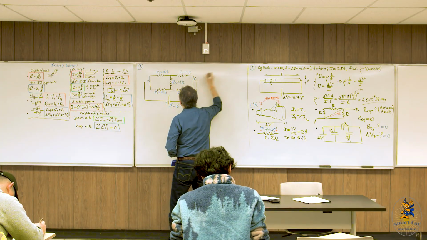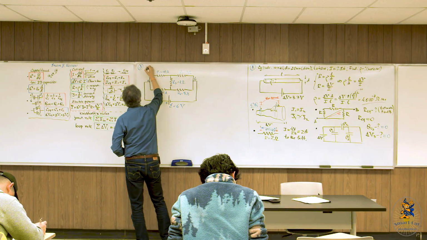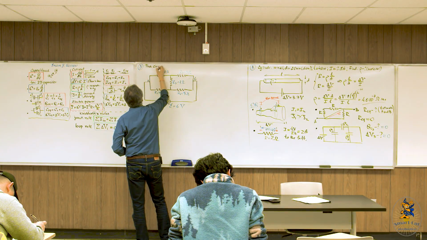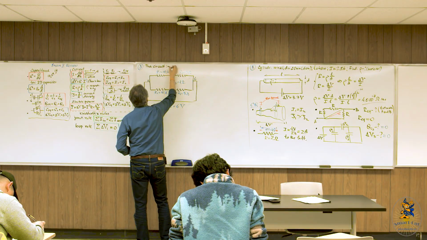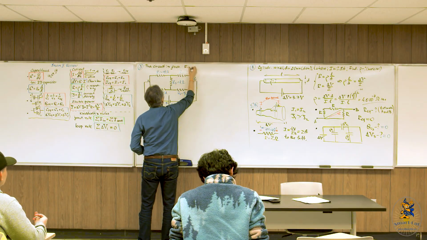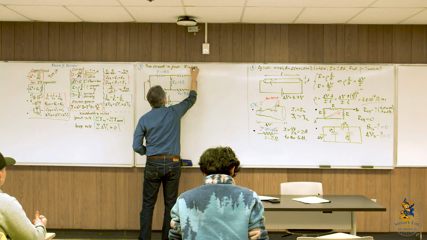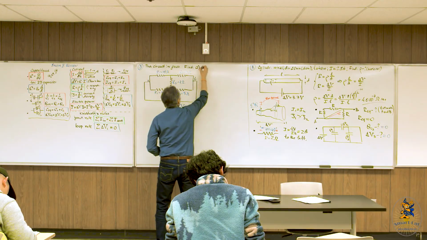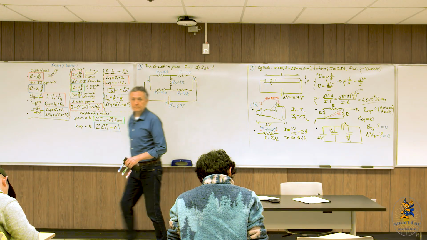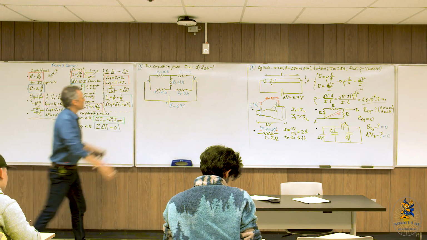So again, everything is given. The circuit is given. And so what do we need to find? In part A, the equivalent resistance between points A and B. Basically this construction.